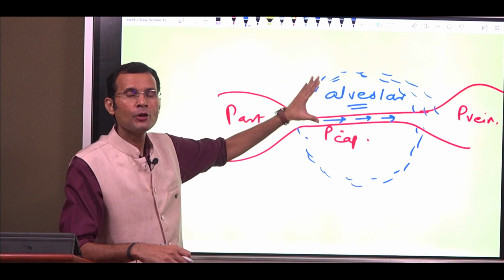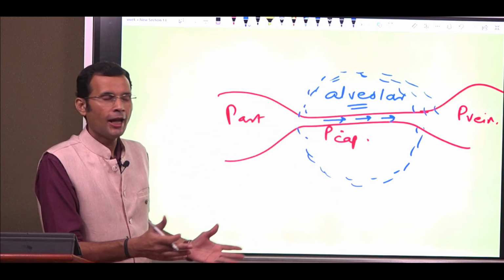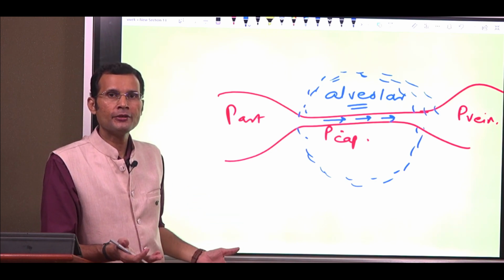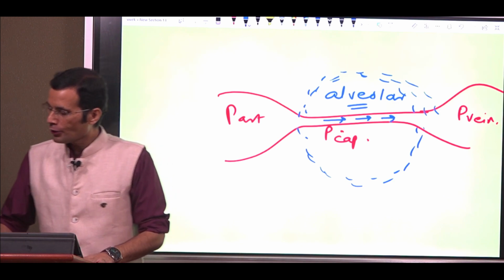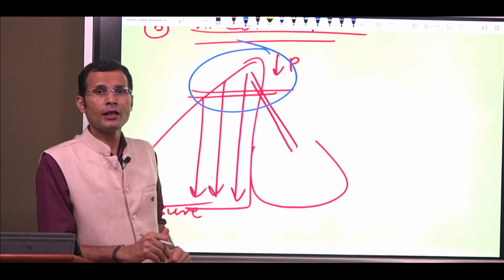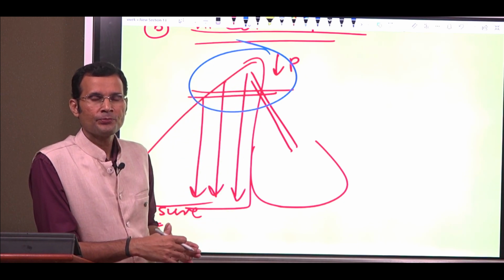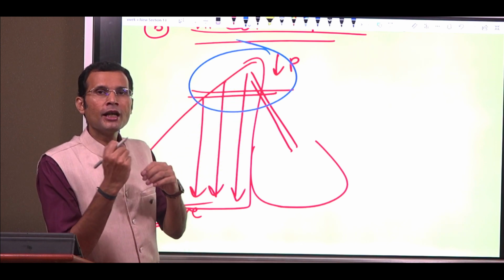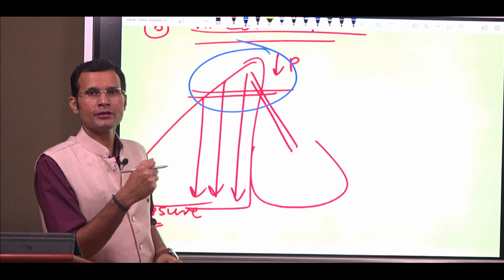The alveoli will compress those vessels, isn't it? And the blood flow will be restricted. So that's the situation. You can now understand that at the apex of the lung, the pressure in the vessels is less, and therefore the surrounding alveoli in that region will compress those vessels.